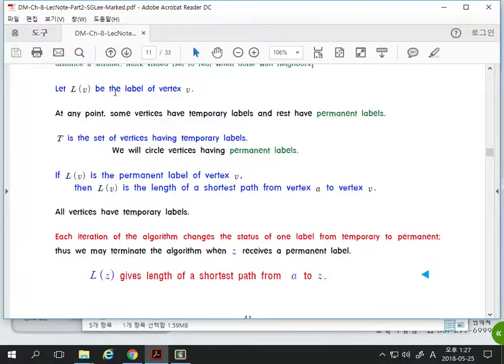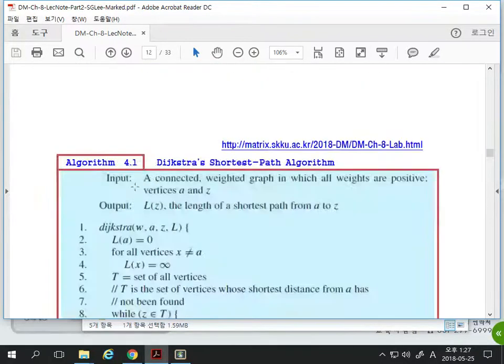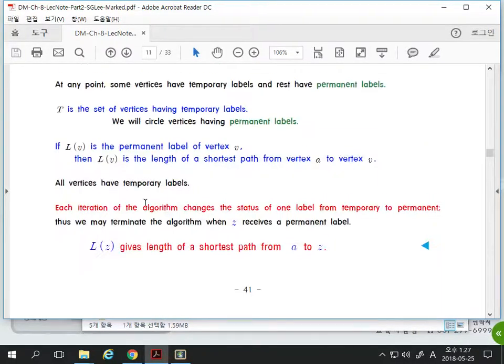Let L(V) be the label of vertex V, and T is the set of vertices having temporary labels, and we circle vertices having permanent labels, and so on. Each iteration of the algorithm changes the status of one label from temporary to permanent.